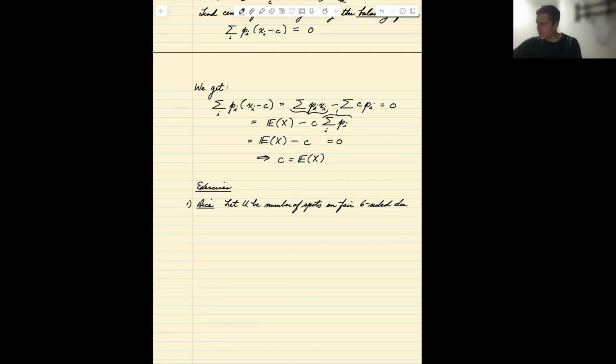What we know is that the mass function is equal to 1/6 over all possible values. And by the definition of the expectation, it's a sum over the values 1 up through 6, 1/6 times i. So it's 1/6 times 1 plus 2 plus 3 plus 4 plus 5 plus 6.